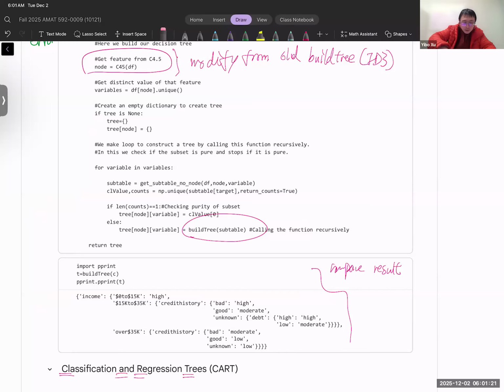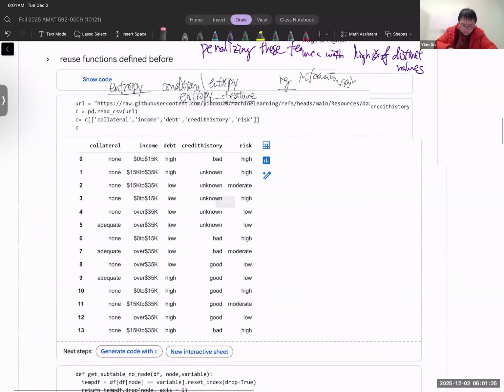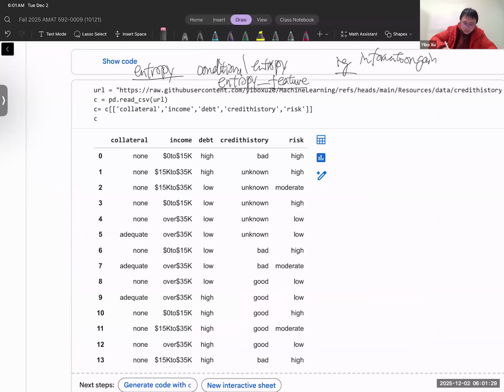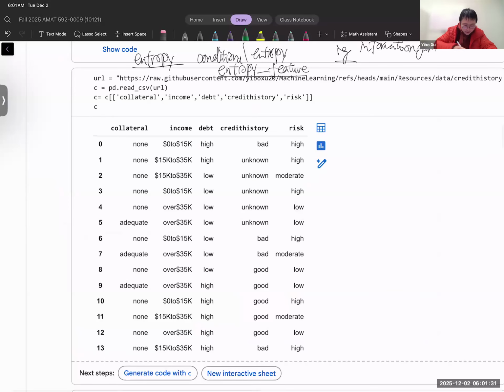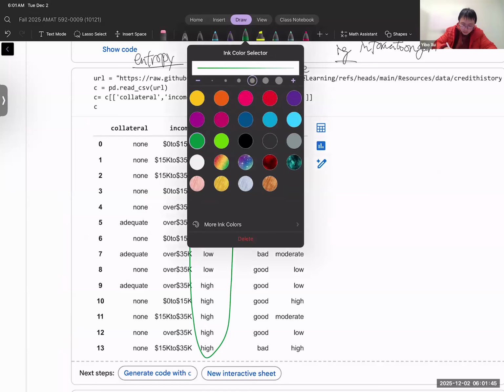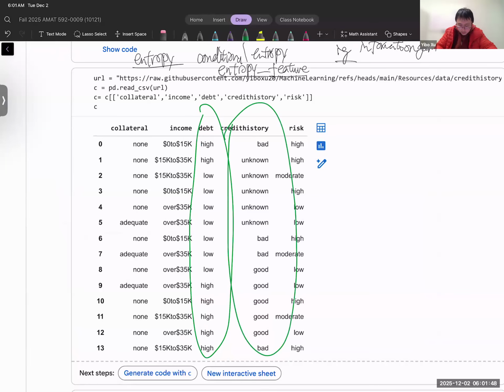Earlier we have ID3. Basically, we look for the most informative, the most important features. So let's quickly look at the data. Basically, we have a bunch of customers, let's say 14. We have income within different ranges. We have debt information, high debt, low debt. We have credit history being unknown or bad or good, and finally the risk, whether the customer is high risk, low risk, or moderate.